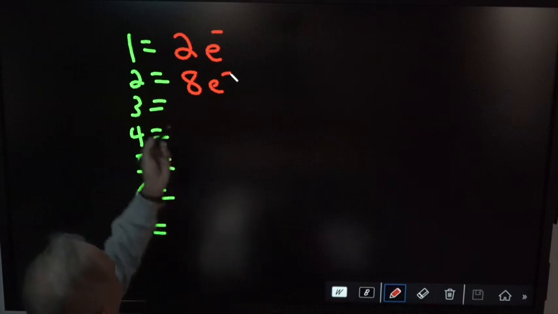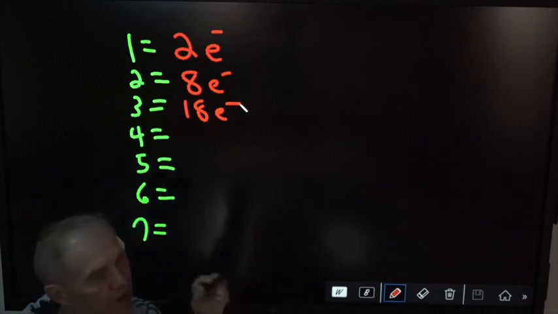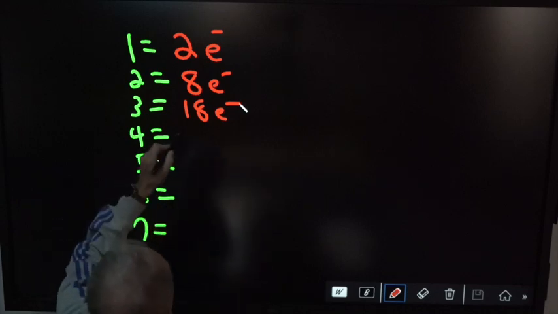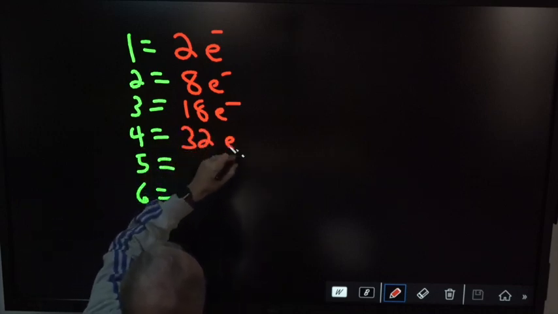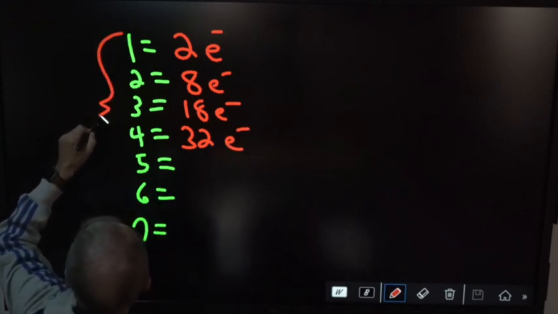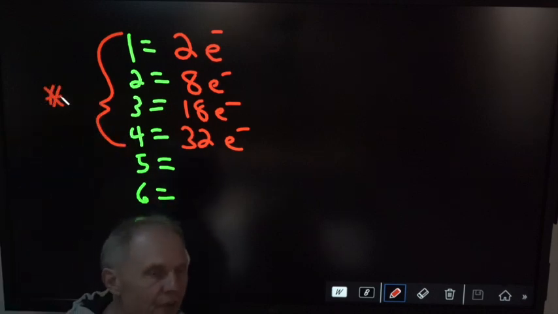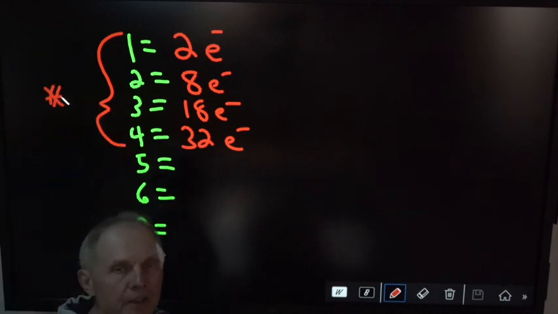And so on. So the next one we have 18 electrons, because that would be 3 times 3 is 9 times 2. Then we have 32 electrons. And these, the first 4 shells, they're the most important for high school chemistry.